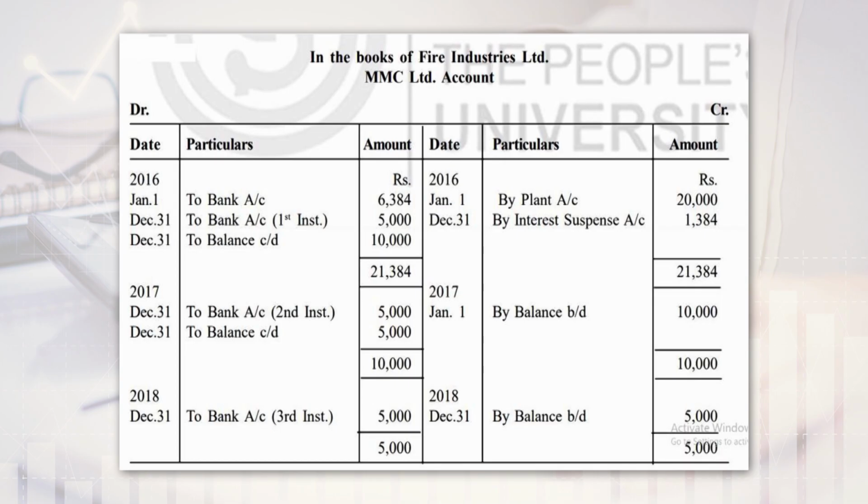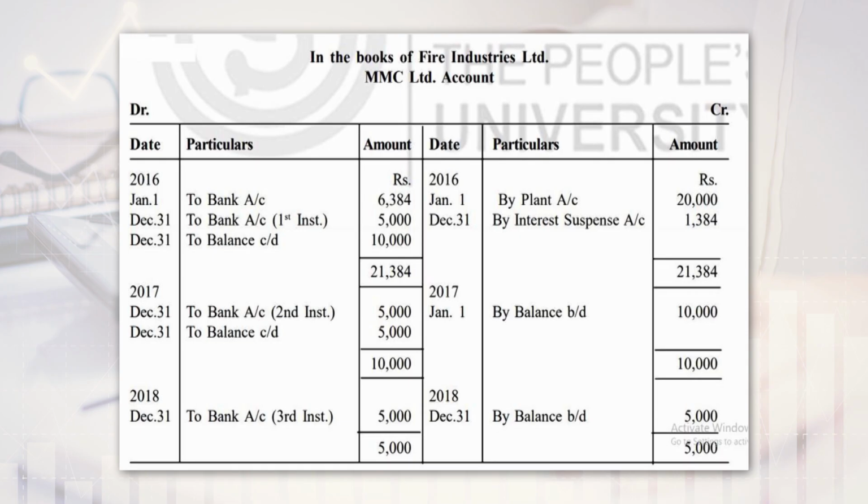To bank, the second installment was paid on 31st December 2017, and this is the balancing figure of 5,000 balance carried down at the end of the second year. So the total is 10,000.